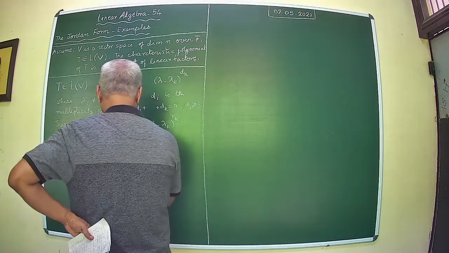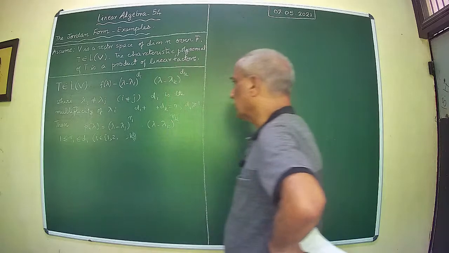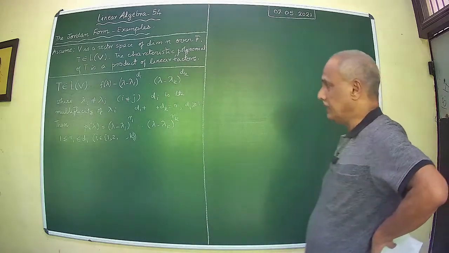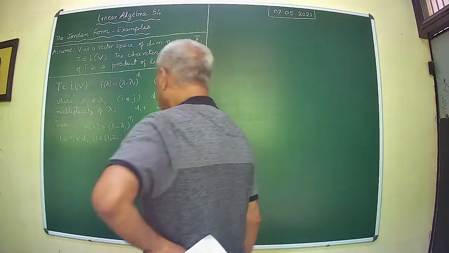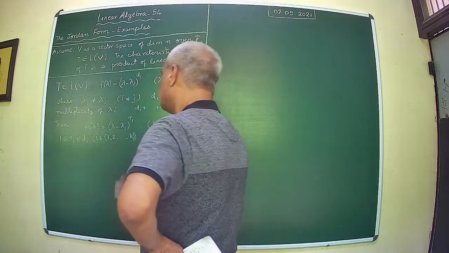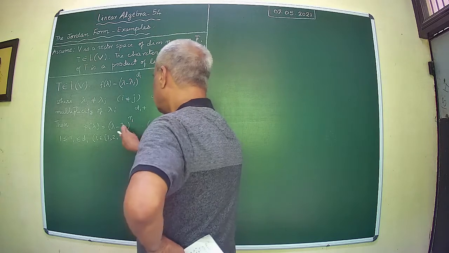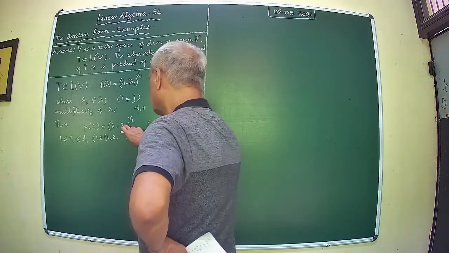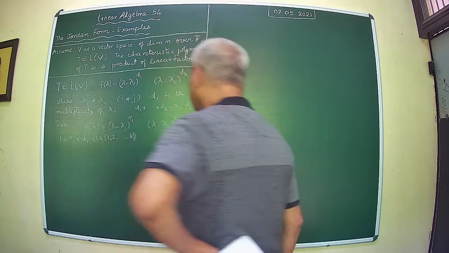This is another property. Therefore again the factors here are lambda minus lambda i for i running from 1 to k.